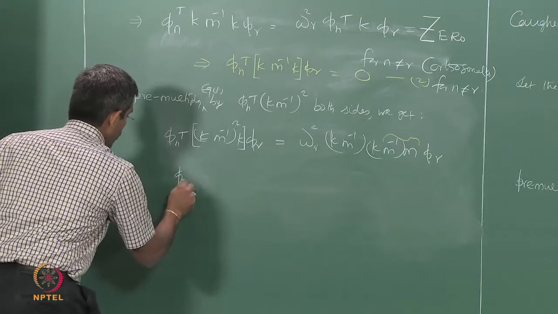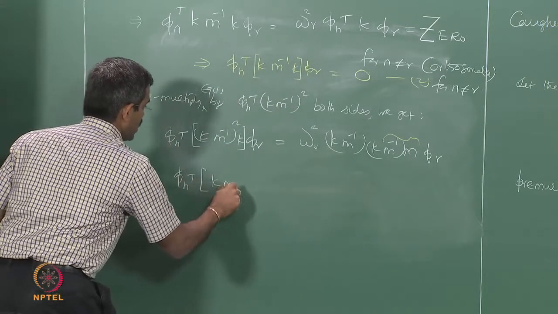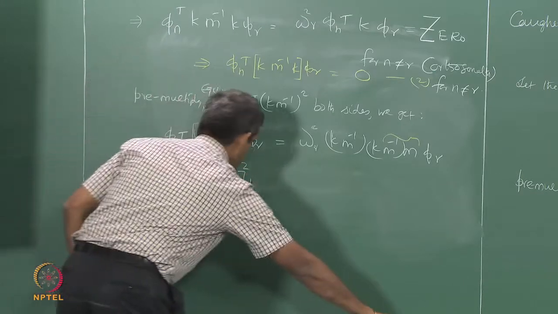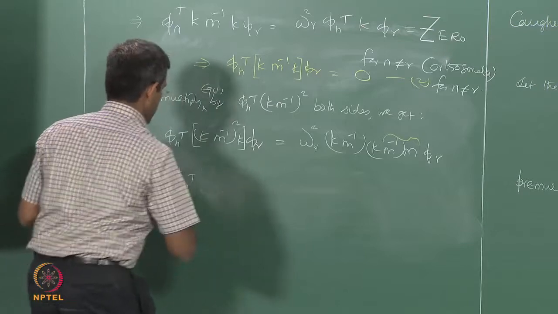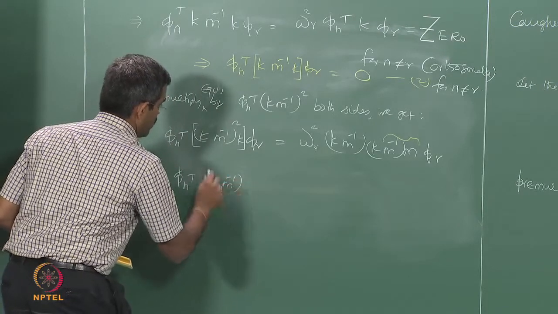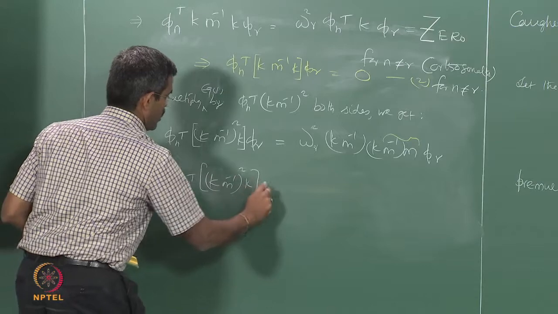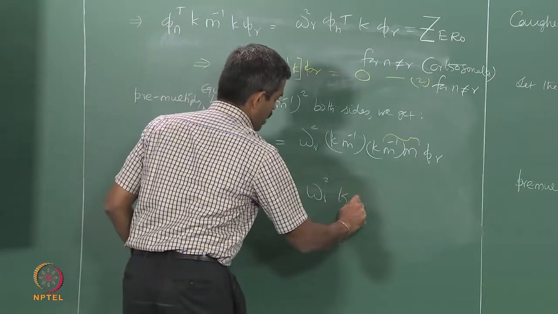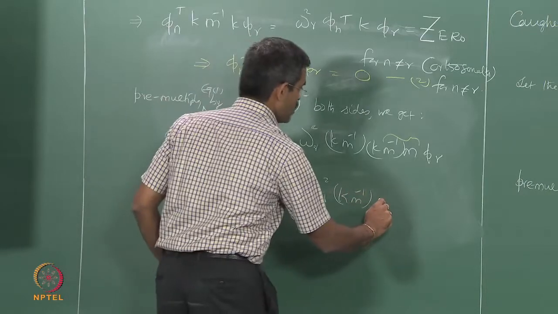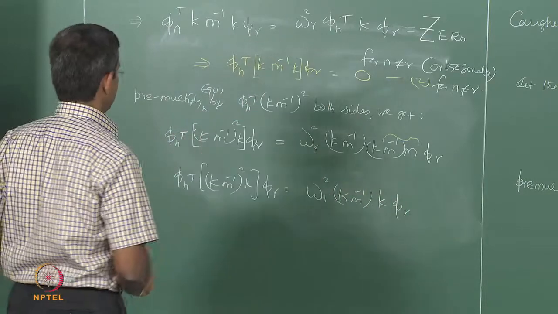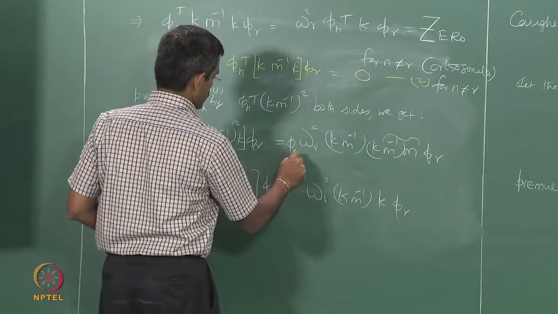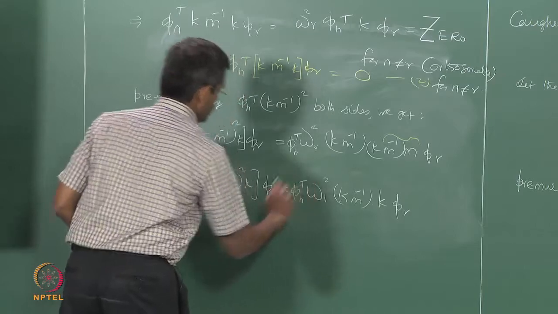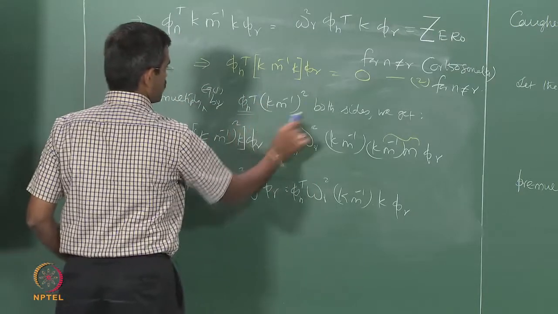Therefore, phi n transpose k m inverse square k phi r is omega r square k m inverse k phi r. You have to multiply phi n transpose of this.